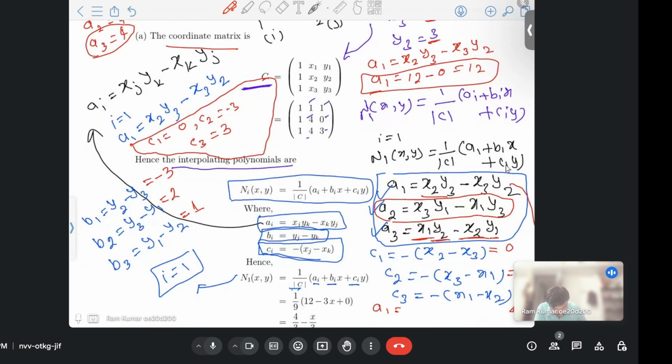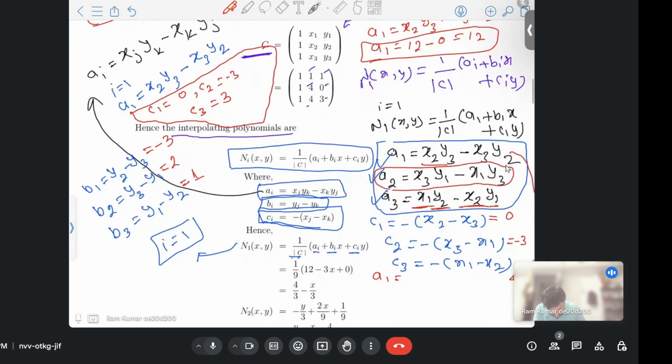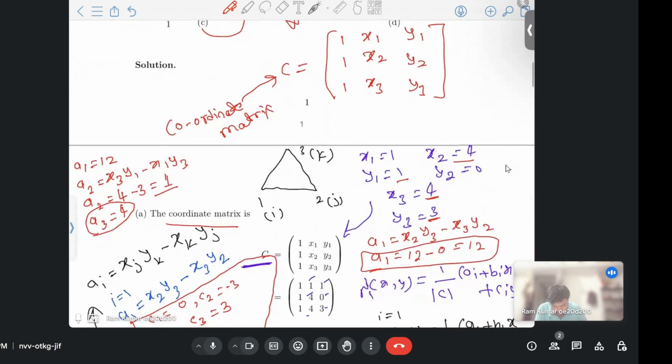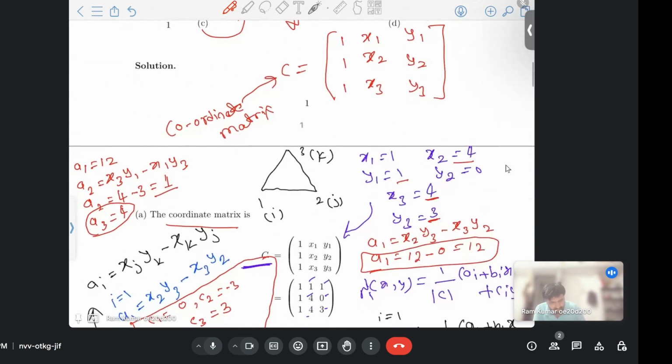For example, I'm going to find N1. N1 equals 1 by the determinant of C times a1 plus b1x plus c1y. Okay, so first let's find the determinant of this matrix. Let me take one extra page here.